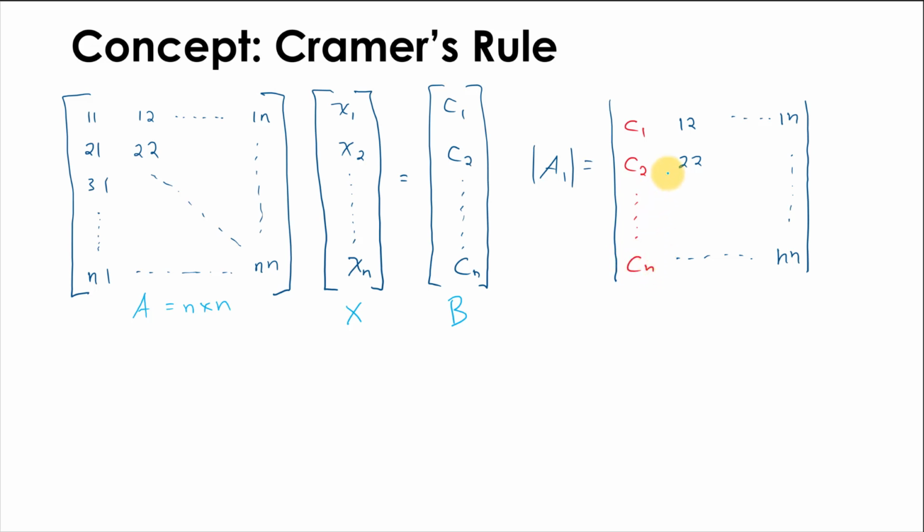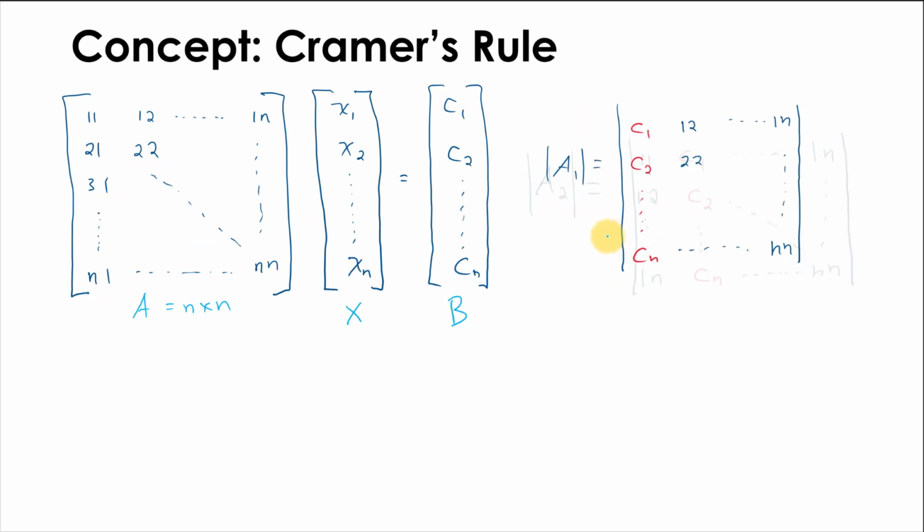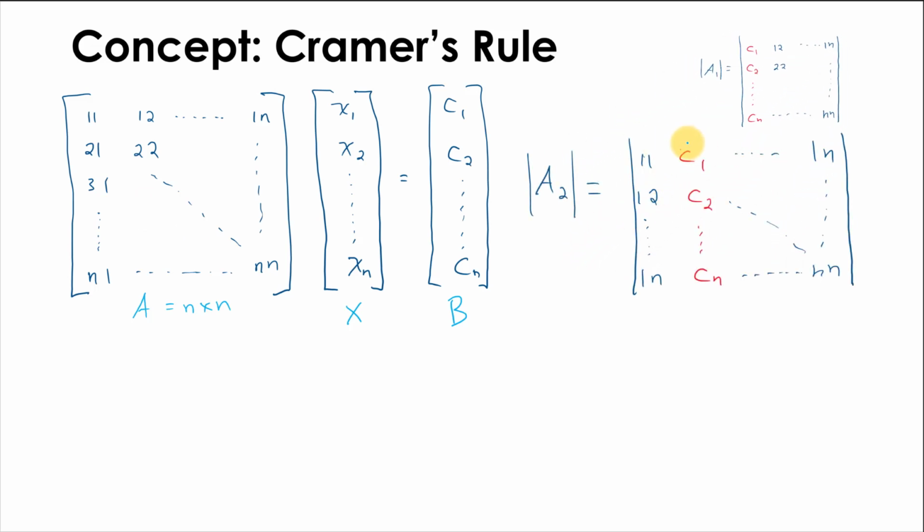So I'm replacing my first column with the column of my constants. That's the case for A sub 1, or the determinant of A sub 1. Now if I look at A sub 2, my constants replace the second column. Instead of a12, a22, all the way down, I've got my constants replacing the second column. So this subscript tells us which column is being replaced by our constants.